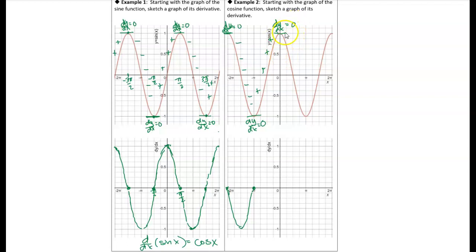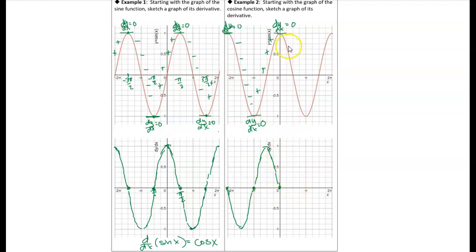So the derivative is 0, and then the slope of the function is going from positive to negative. The function itself is going from increasing to decreasing. All right, so it's going to cross the x-axis again at 0. So let's sketch that in. All right, it's above the x-axis all the way from negative pi to 0.